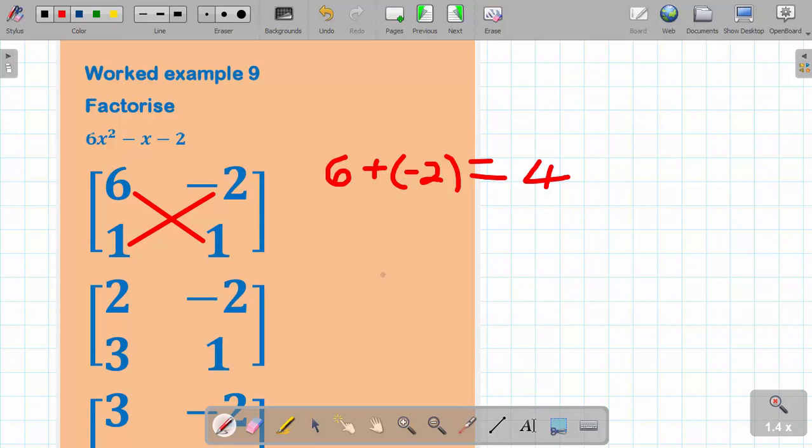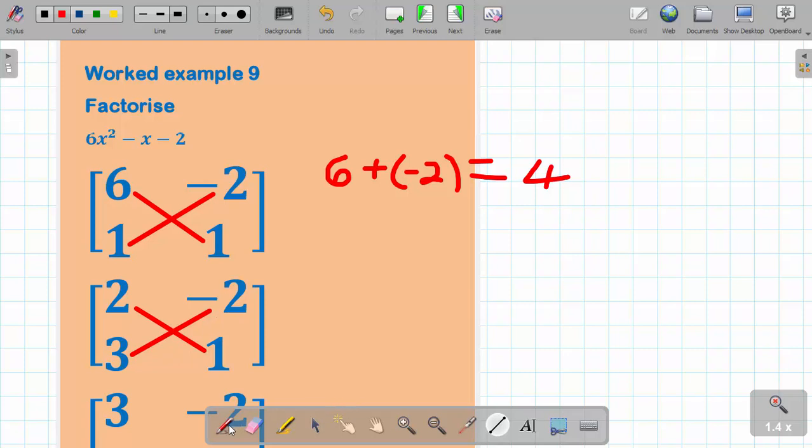I check something else. Now, the one before was 6, that's why I say here 2 times 3, because it must give me the same 6. So 2 times 3 is 6, negative 2 times 1 is also negative 2. Now if I cross this, 2 times 1 is 2, 3 times negative 2 is negative 6.